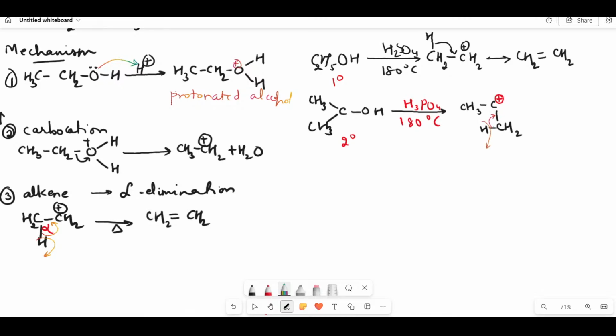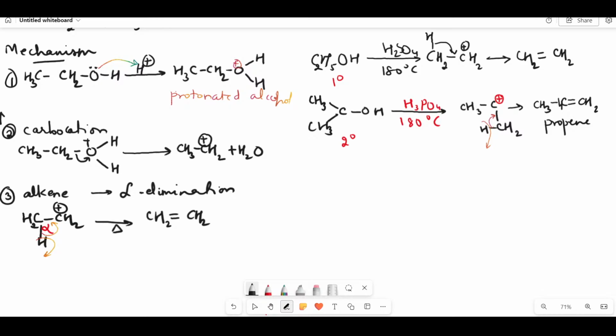What I get finally is an alkene, CH3, C, the double bond formed over here, CH2, 1, 2, 3, propene. So from the 2 degree alcohol, 2-propanol, I have formed propene.